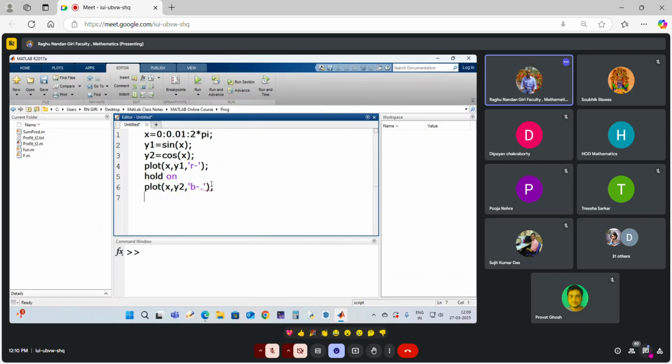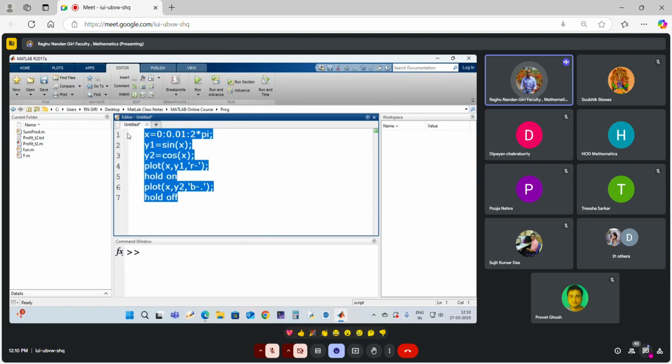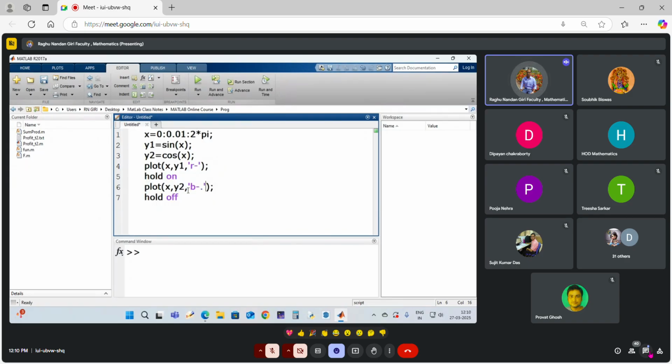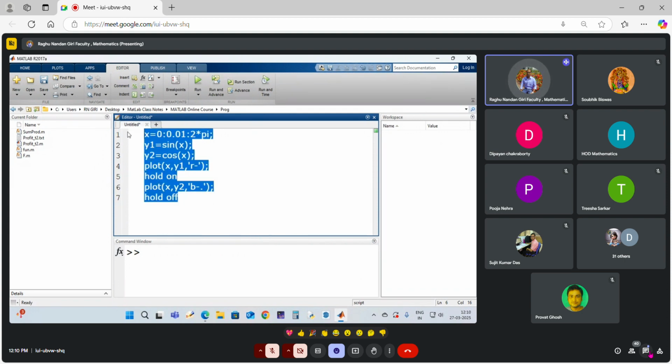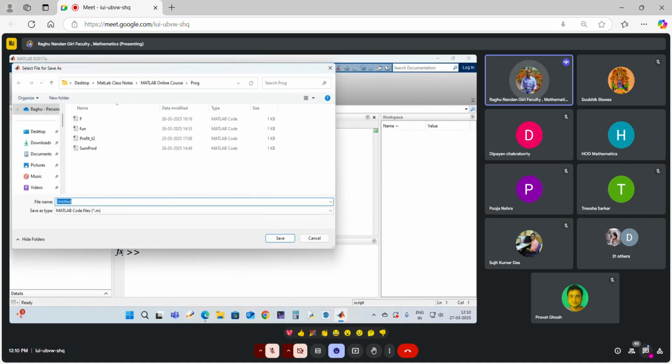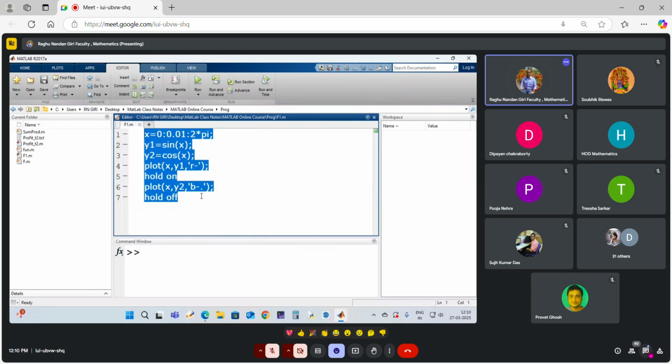Then hold off. These things I have already discussed yesterday, so I think there is no question. So I save this script in the name of F1. Okay, I run this script.